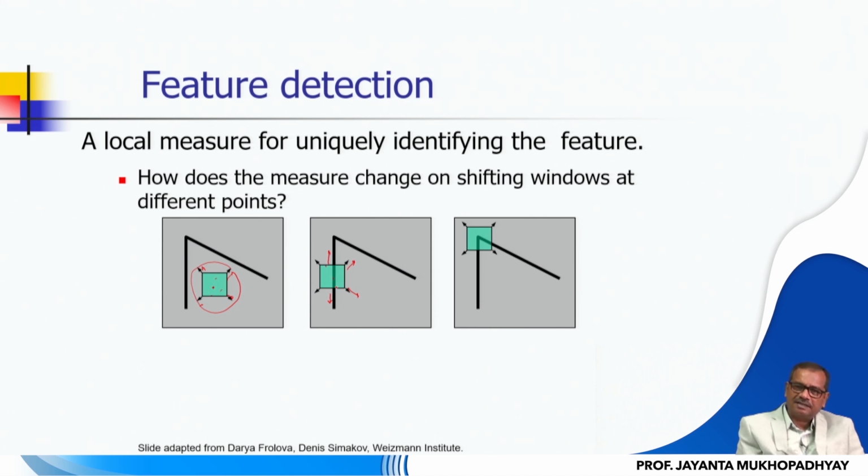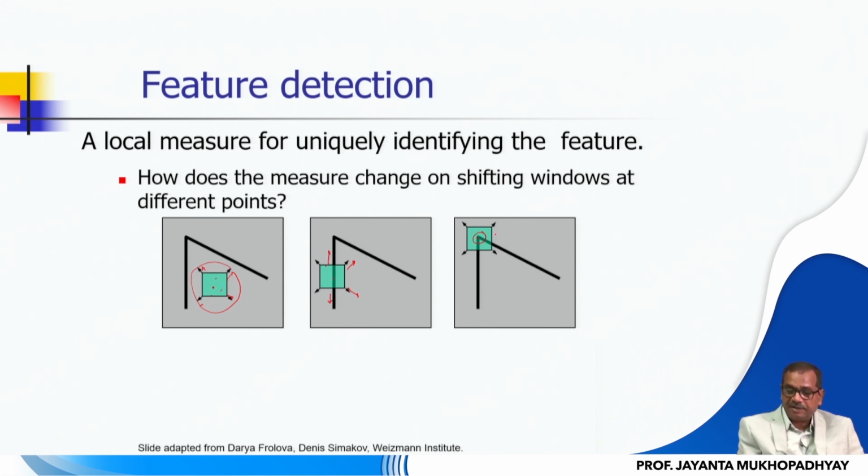So in some directions it varies, but in some directions it does not vary much. These are the properties by which we try to distinguish whether it is a point on an edge, a point on a homogeneous region, or a point at the corner.